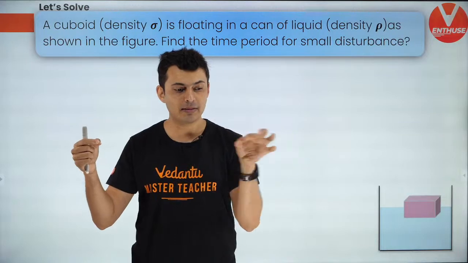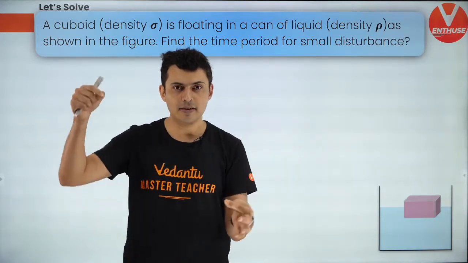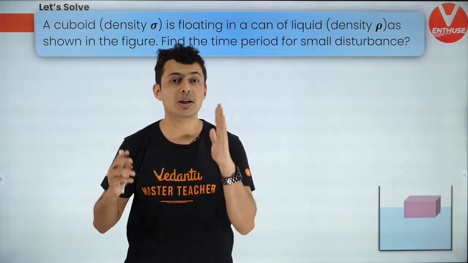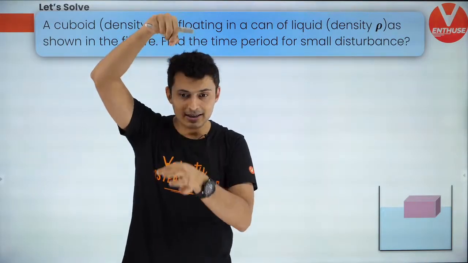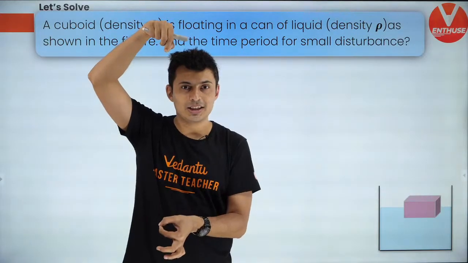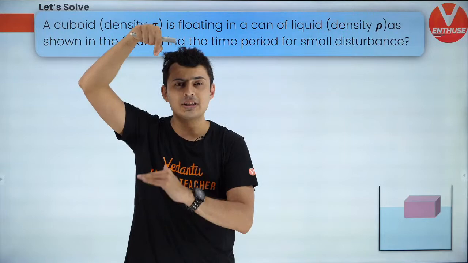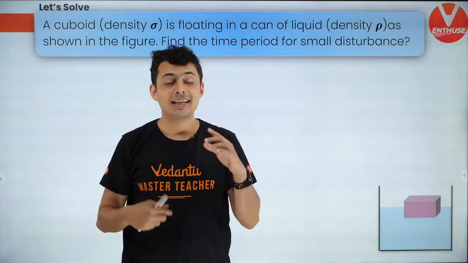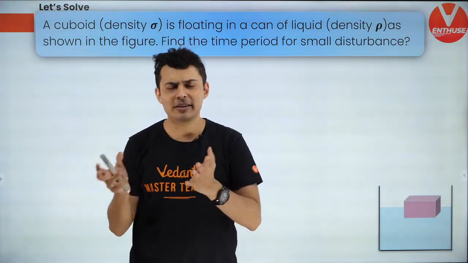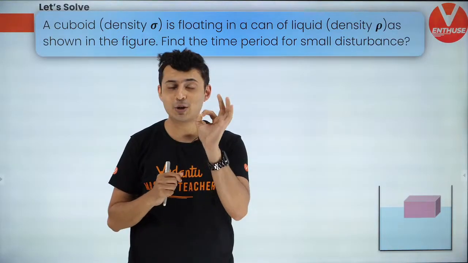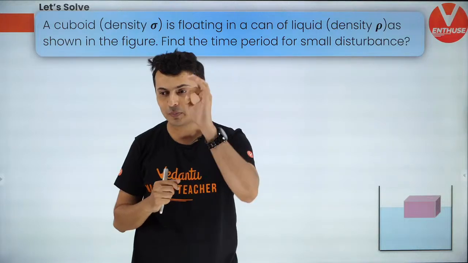Like if you take a spring block system and make it vertical, it will still oscillate, but instead of oscillating about the natural length, the equilibrium position has shifted, so it will oscillate about that new position, and that shift is mg by k, or constant force by k. The time period is still 2 pi under root m by k. That's what I have told you.